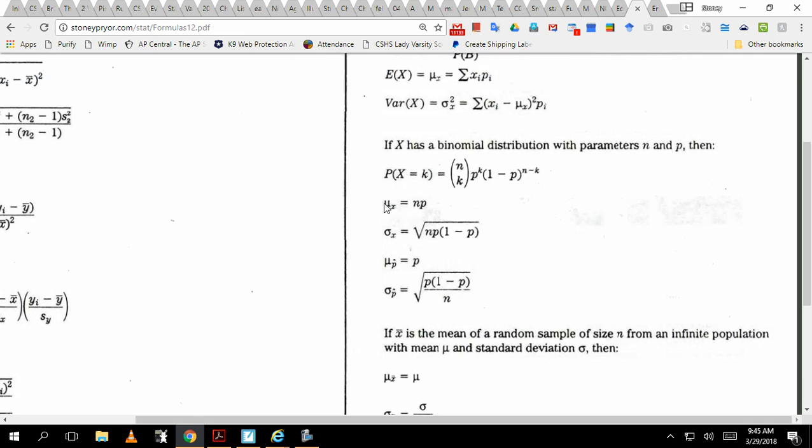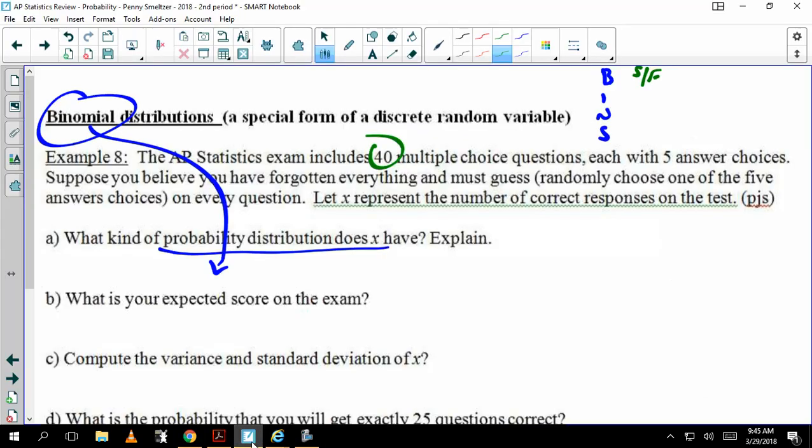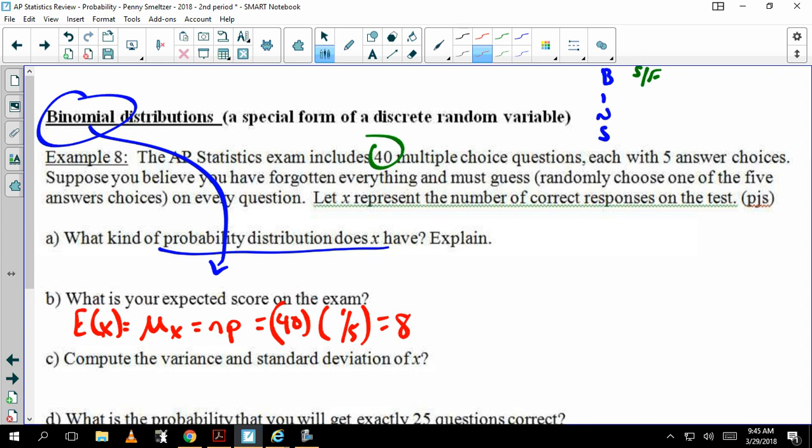If the mean of X equals NP. So the expected value is the mean of X, which is NP, which is 40 questions that I have a 1/5 chance of guessing correctly. Gives me an average score of an 8 on this test.